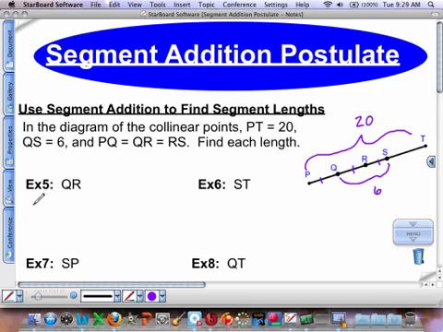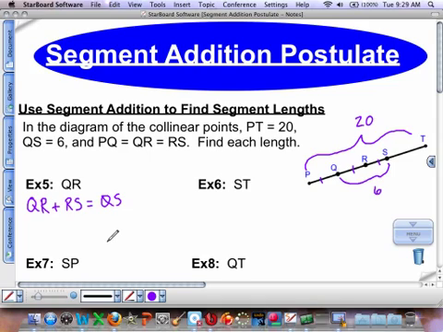Which one's that if they give you 6? So QR plus RS is equal to QS. That's your geometric equation. I want you guys to write that out first. QR plus RS is equal to QS.